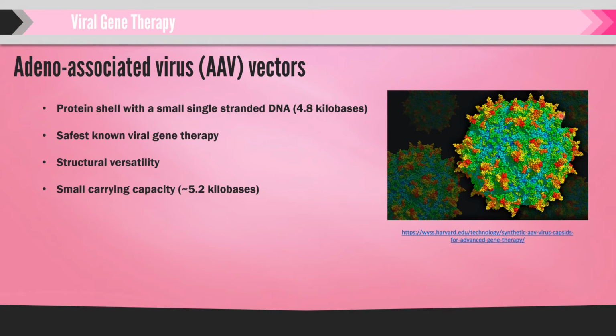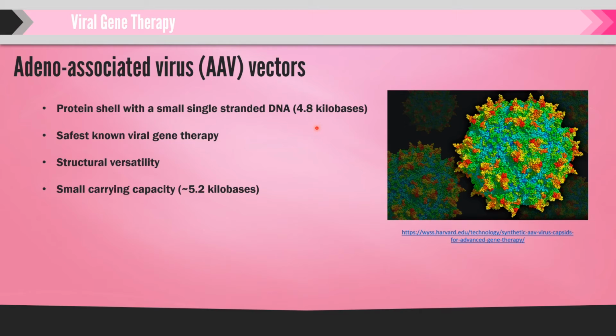And you'll see different derivations of the AAV vectors used for targeting a multitude of different cells. So that's the versatility: you can reprogram these and structurally define them to latch onto cells that you would like to target.